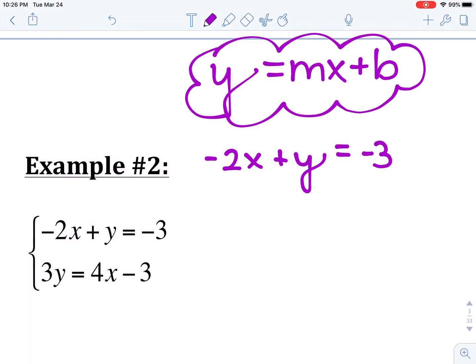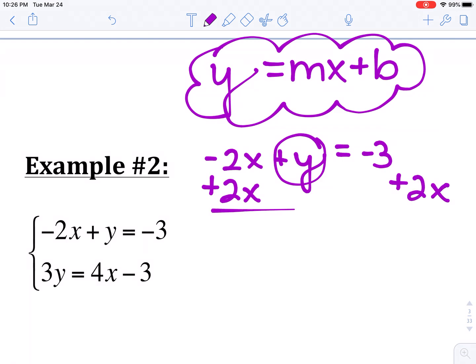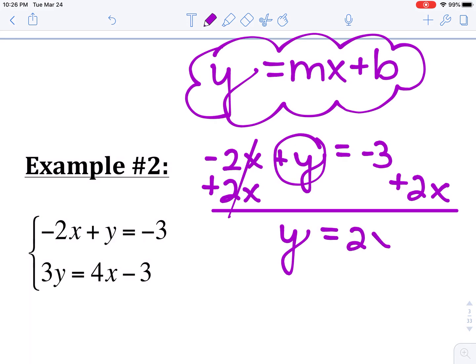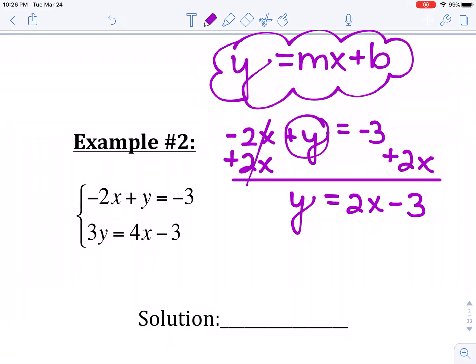So the difference between what we want and what we have is that y is not isolated. To get y isolated, this negative 2x needs to go away. So we're going to add 2x to the other side. That means we'll now have y equals positive 2x minus 3. Okay, and then we can graph that line.